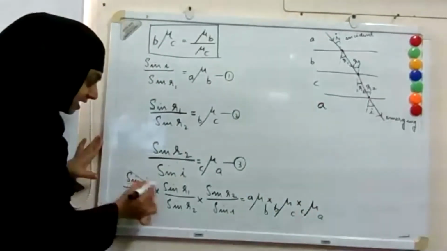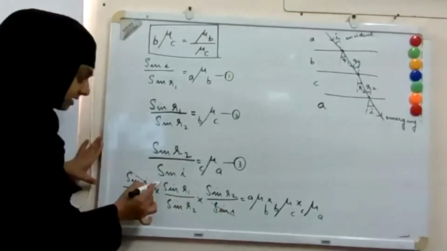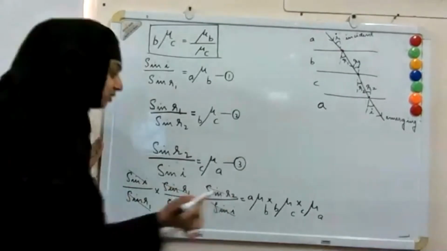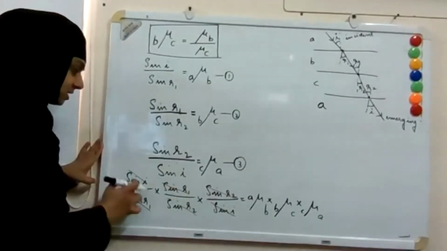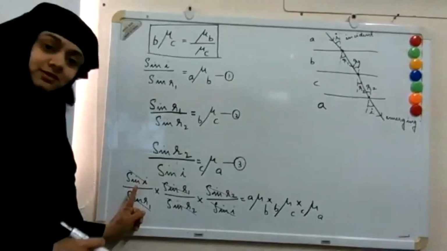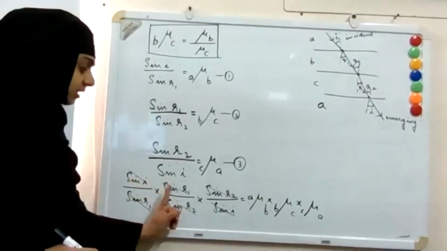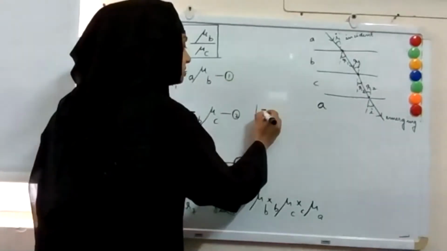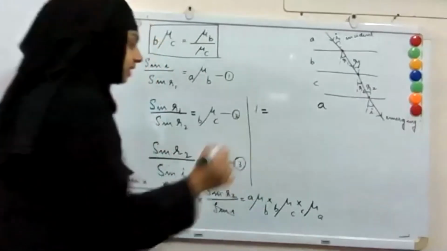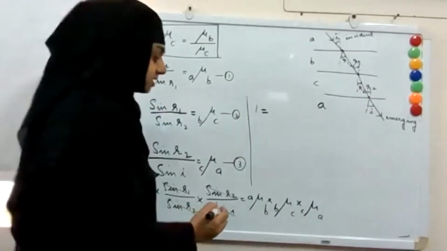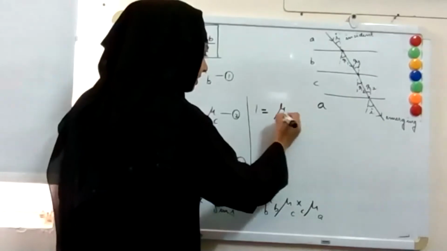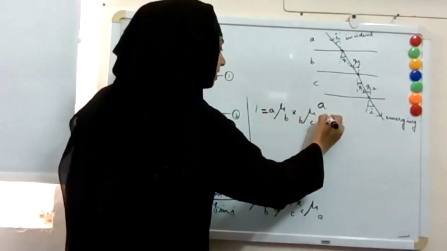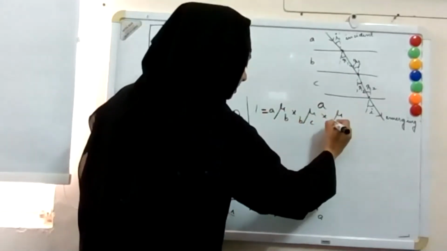Here sin I and sin I get cancelled. Sin R1 gets cancelled. Sin R2 gets cancelled. So this will become equal to 1 times 1 times 1. So here you have 1 is equal to mu BA times mu CB times mu AC.